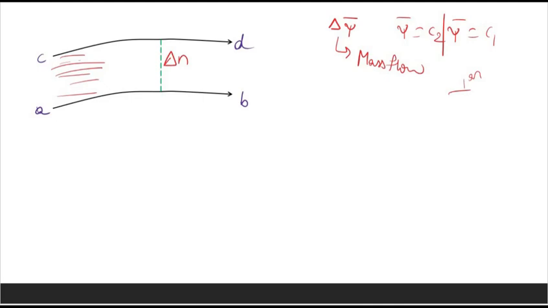We would have our velocity vector in this direction. As you can see from the diagram, delta n is the normal distance between AB and CD.